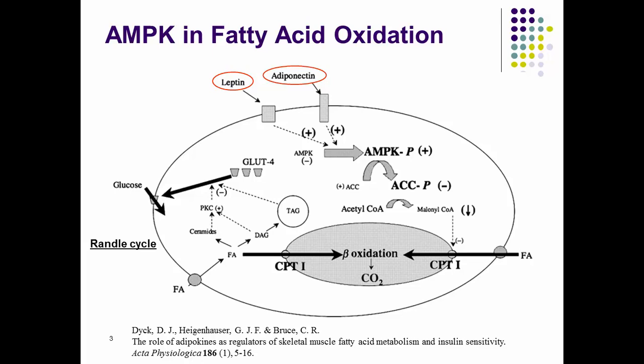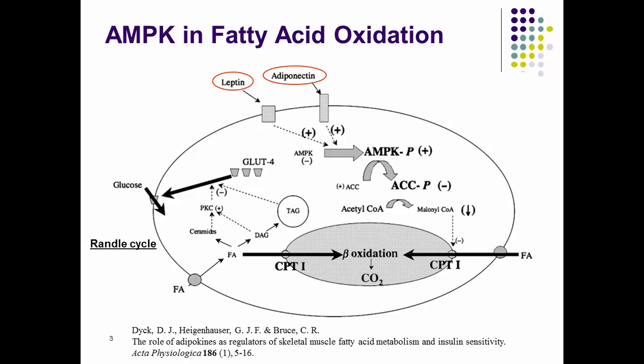Is that clear, this pathway? Again, leptin and adiponectin stimulate AMPK activation. Once AMPK is activated, it decreases ACC activity and decreases the formation of malonyl-CoA. What does malonyl-CoA do to CPT1?